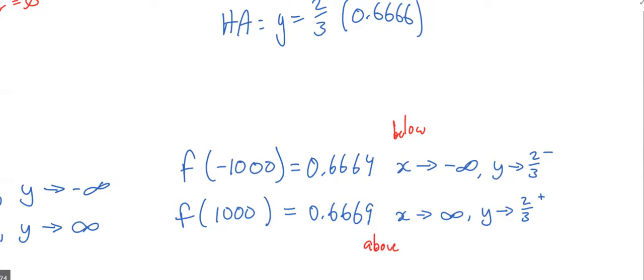You need to know how to say it the proper way, but really in your mind you're thinking below and above. You've got to know that's what that statement means. Any questions? We've done all the work. Now we're going to put it together to make our sketch, if you can believe it.